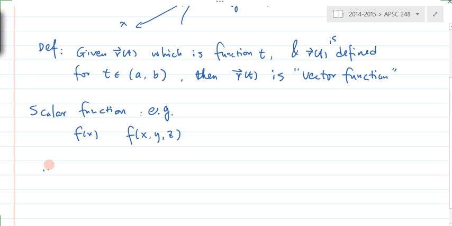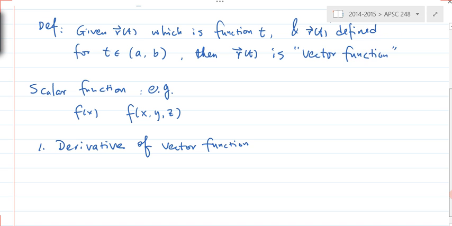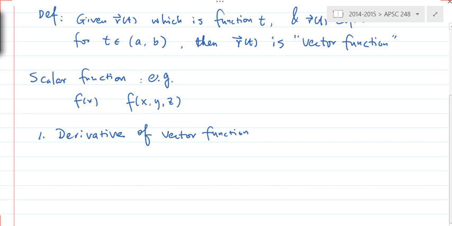The first thing to look at is the derivative of a vector function. Just like for a scalar function, we have a very similar definition. So first of all, let's look at the definition of a derivative here.